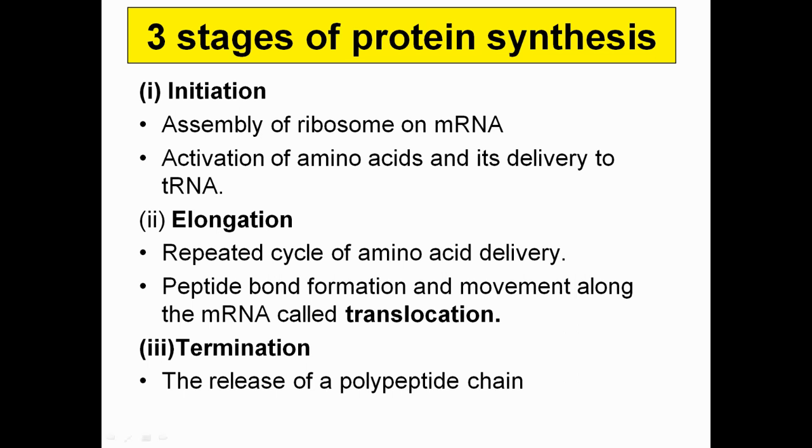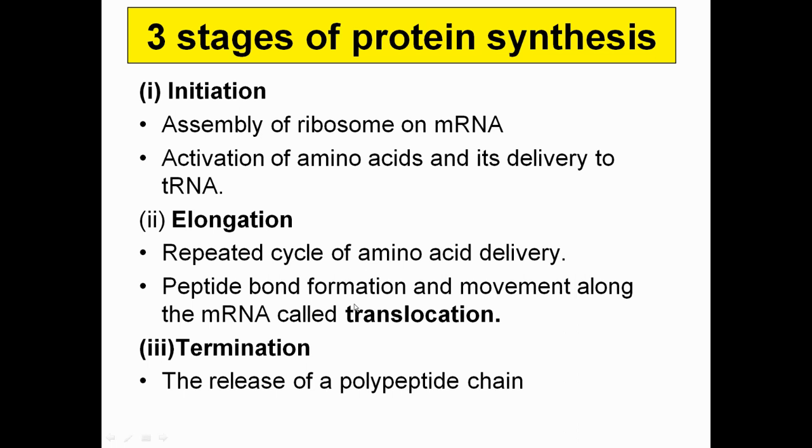The next step is the elongation step. Here you can see the repeated cycle of amino acid delivery happening again and again. The amino acid delivery is carried out with the help of the tRNA molecule, which is particular for a particular codon, and a particular amino acid is brought by the specific tRNA molecule. A peptide bond is formed.